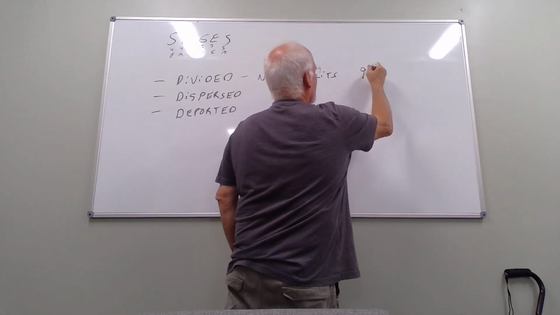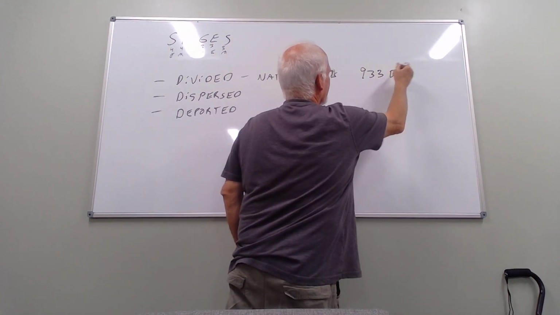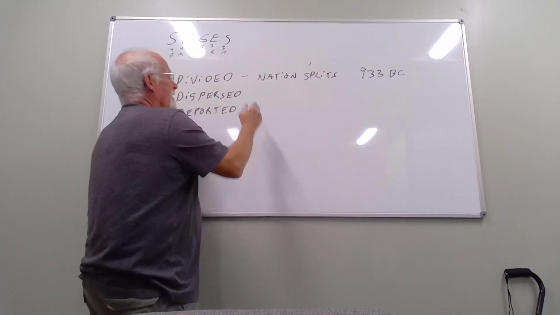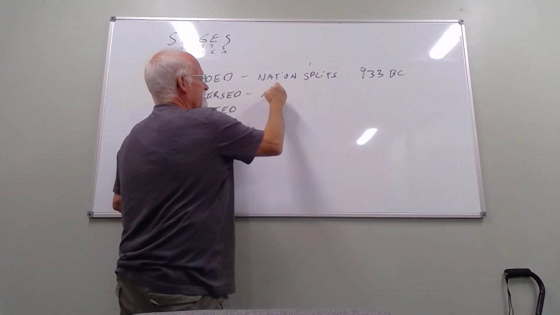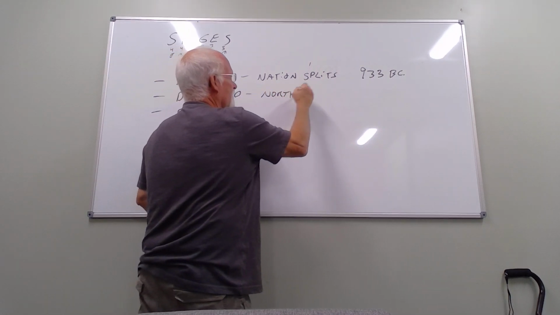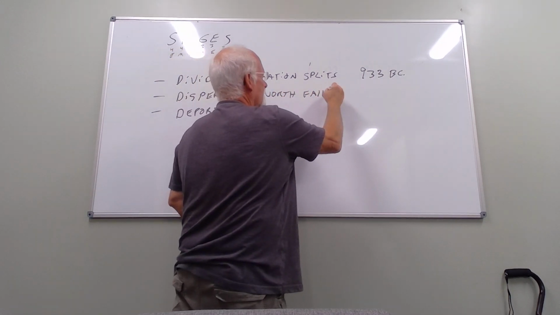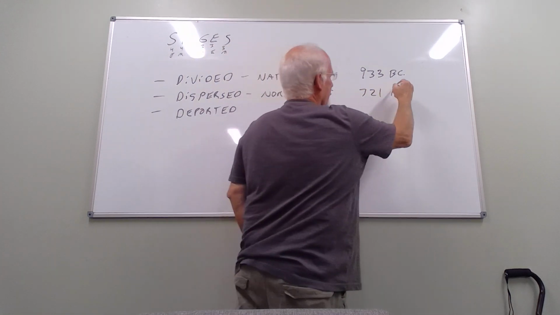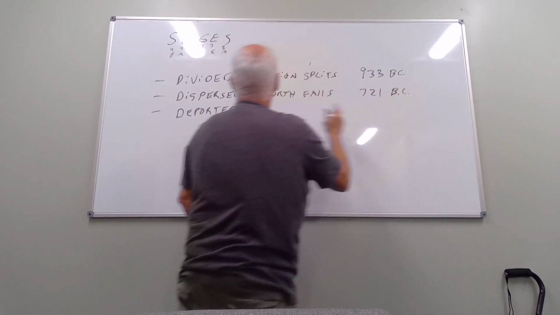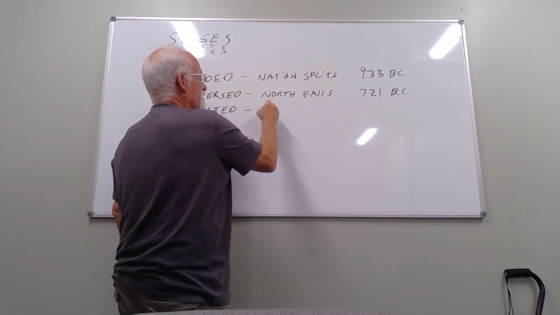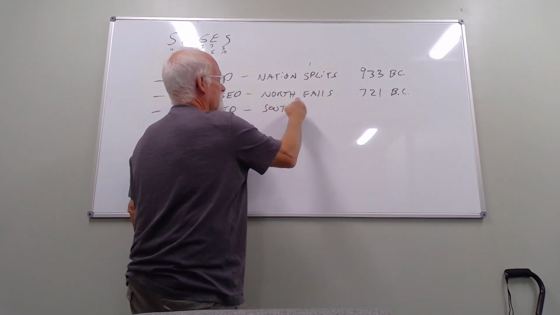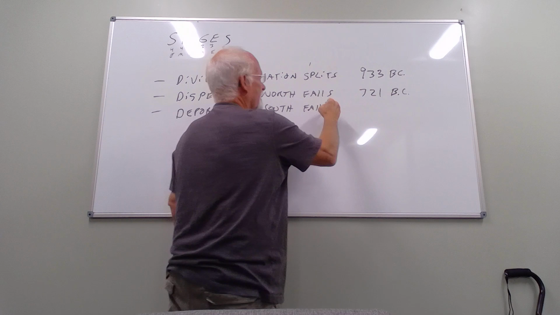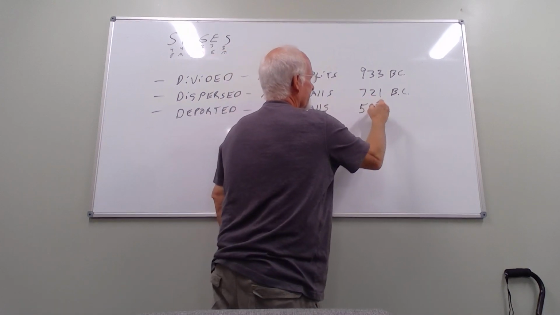It's about 933 BC when this happens. And the second thing that happens is the north falls. And that is about 721 BC. And the third thing that happens is the south falls. And that is 586 BC.